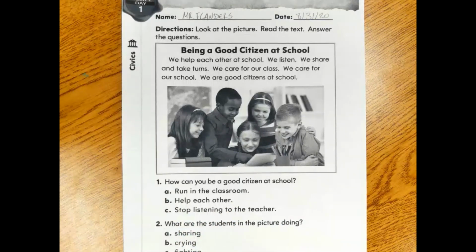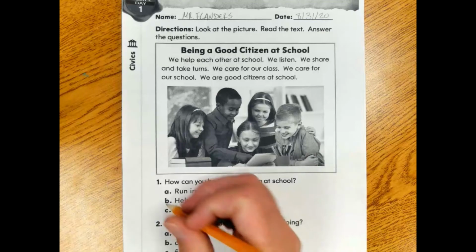If you hand somebody a tissue if they're crying, or if you walk somebody to the nurse's office, or if you push in somebody's chair, that's doing really good stuff. So helping each other would be the best way to be a good citizen at school.